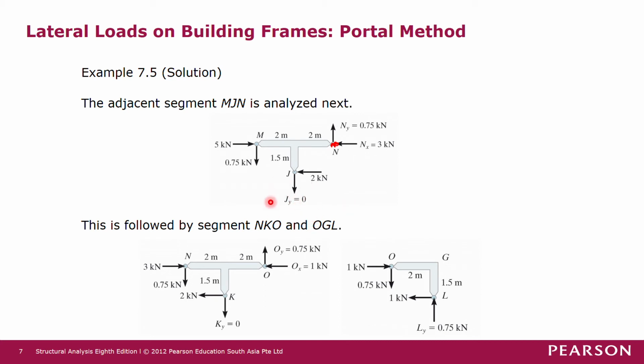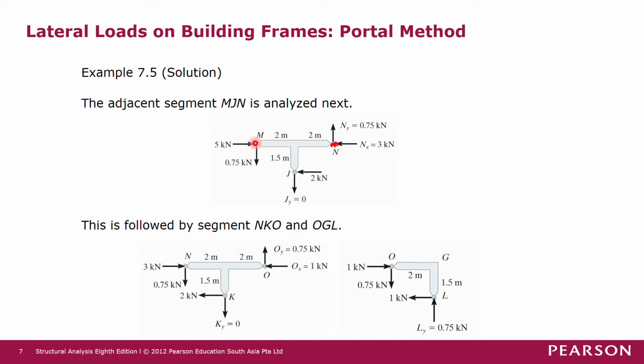Once we get Jy equals to 0, the next equation that we may use is total forces in the vertical direction is 0. So sum Fy, summing all the Fy and equals to 0. In this case, we already have 0.75 kN here, and we already know Jy equals to 0.